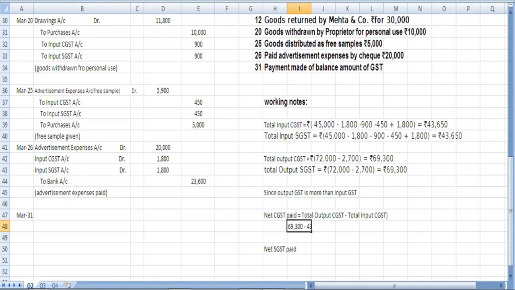So this is coming to rupees 25,650. Okay, we will write rupees over here.